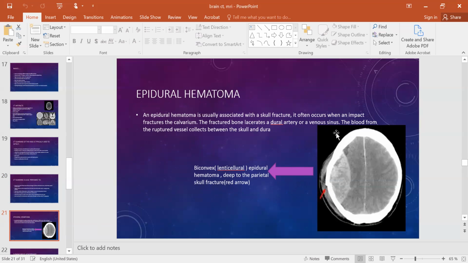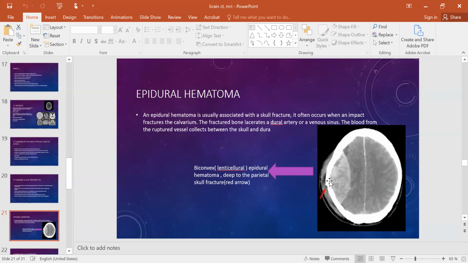You see computed tomography, axial plane, soft tissue window, and inside the brain there is a large hyperdense area. If you compare this area to the brain, you can say that it is definitely hyperdense.